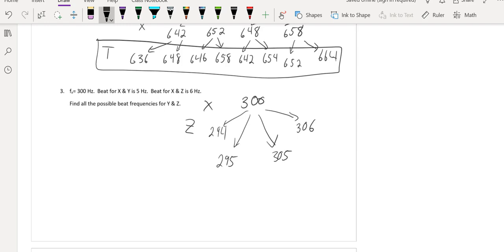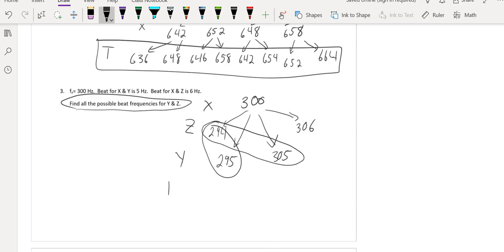But the question is, find all the possible beat frequencies for Y and Z. Okay, so this is Y down here. So if these are the two values for Y, they would give you a beat frequency of 1. That's Y and Z. If these are the two, that would give you a value of 11.